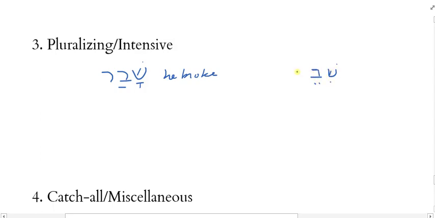Shiber. Okay. How would I translate this? This intensifies the meaning that the Qal represents. So it isn't just that he broke, but he broke it into little pieces. So you could translate this as he shattered. Okay? He shattered. Or he smashed. That's more intensive than just breaking something, right?